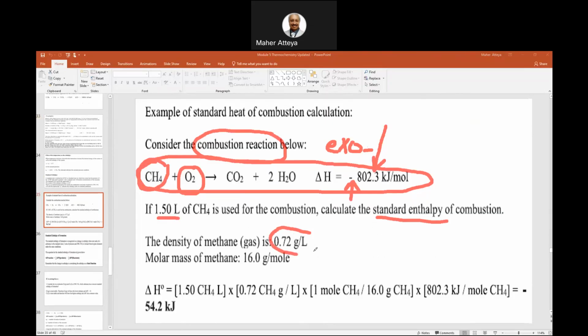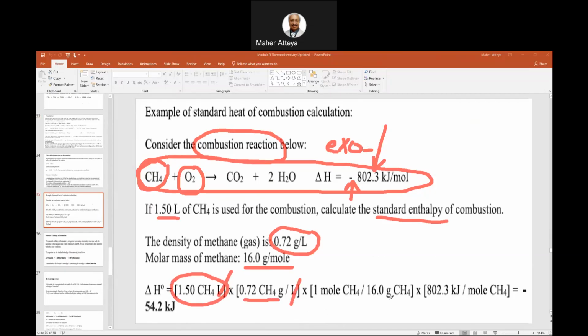The density of methane and the molar mass of methane are given to you. So you have to use both of those values. You start with the liters of methane. Then you get the liters out of your way by multiplying by the density, so the liter cancels out. Then you have the grams. You need the grams out because heat is always per mole, not per gram.